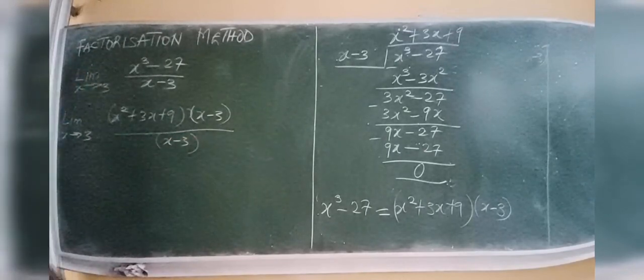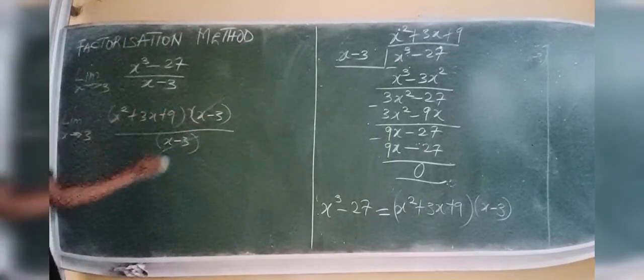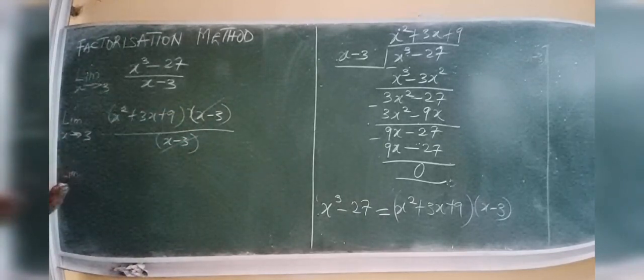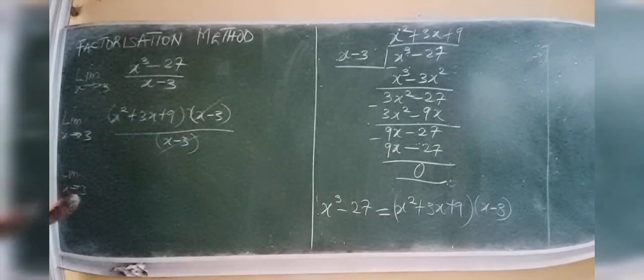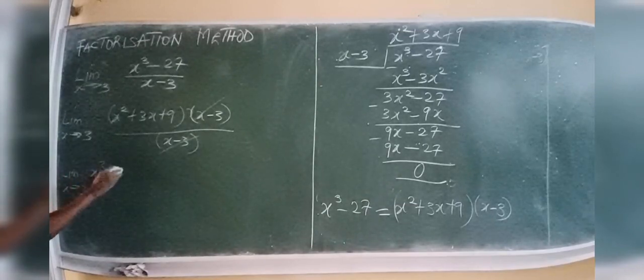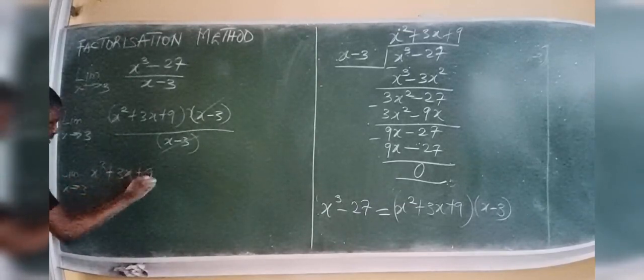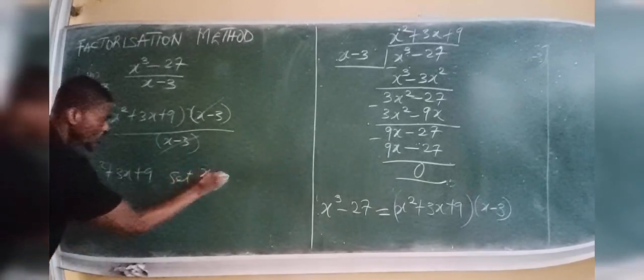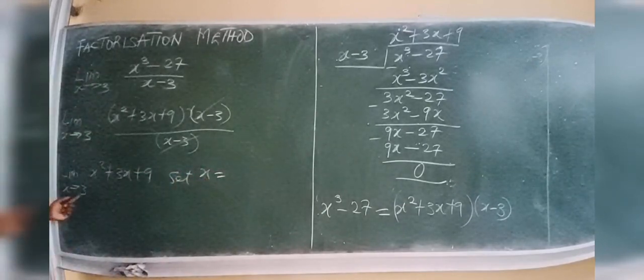So notice from here that x minus 3 can strike out x minus 3, and therefore this becomes the limit as x tends to 3 of x squared plus 3x plus 9. So at this point, you set x equal to the point of the limit, which is 3.